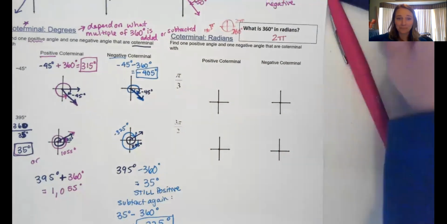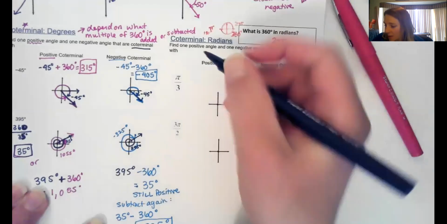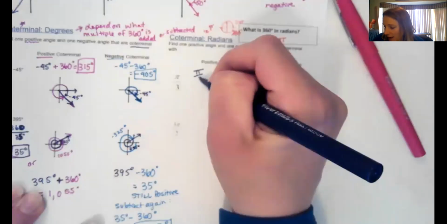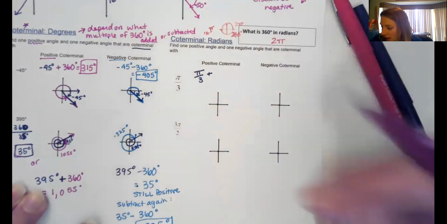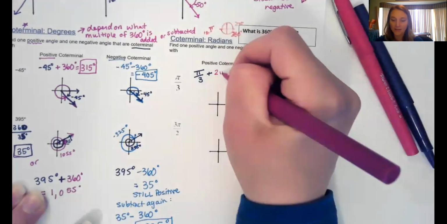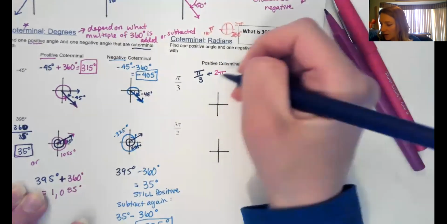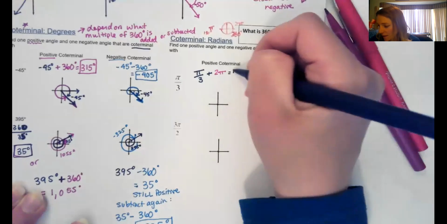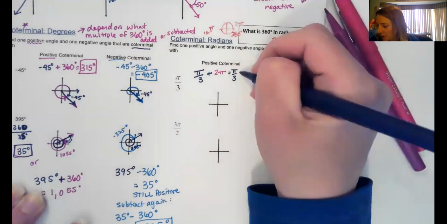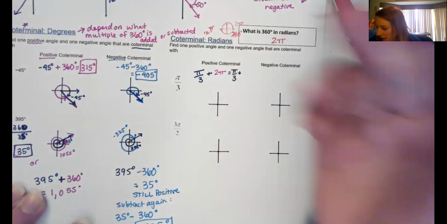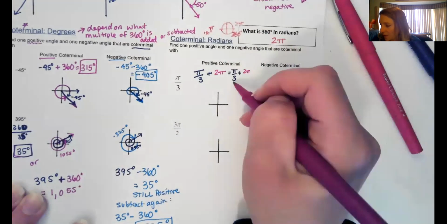Okay, so how do we do this if we have radians? I'm going to do the same process, pi over 3 plus 2 pi instead of 360. The only thing is I might have to get a common denominator so that when we're adding fractions, we have a common denominator. Well, what's the common denominator I'm going to need? I'm going to need a 3.